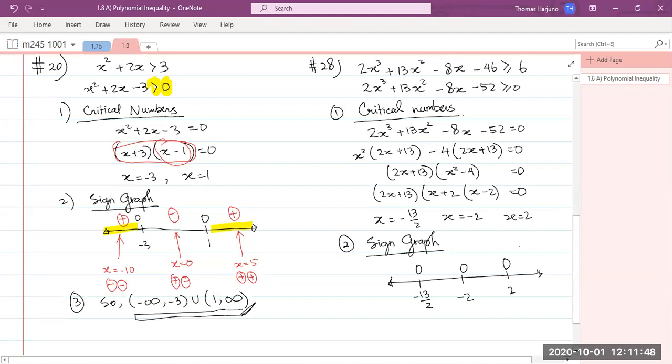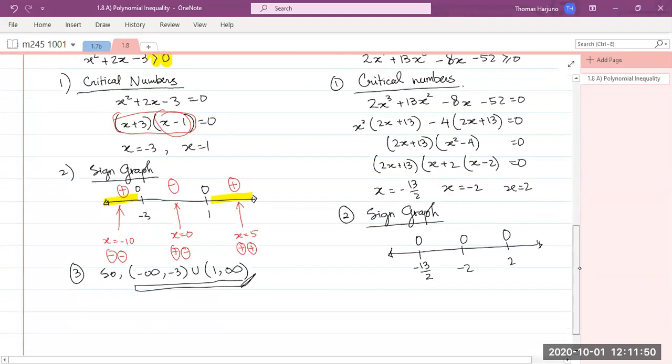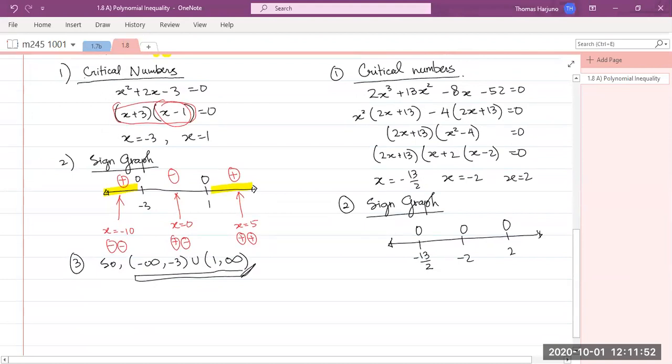Now from there, I pick the testing numbers. Let me pick, let's say, x equals 0. x equals 0 is between negative 2 and 2, right? When x equals 0, you plug that into this factor form. That will be positive, positive, negative.